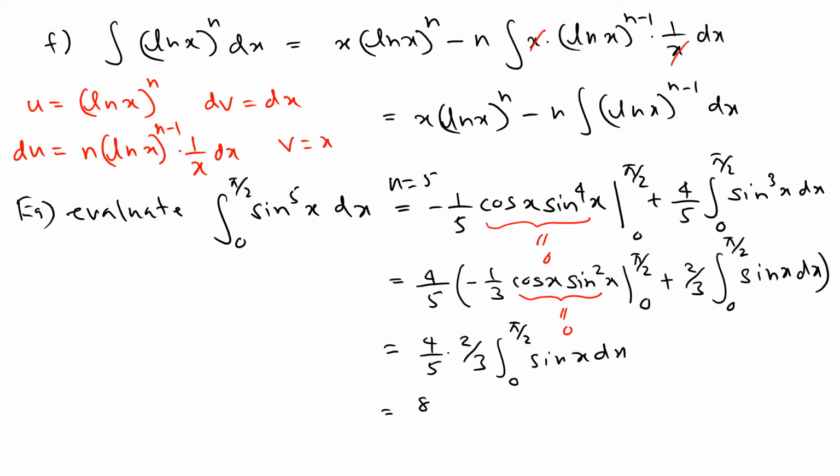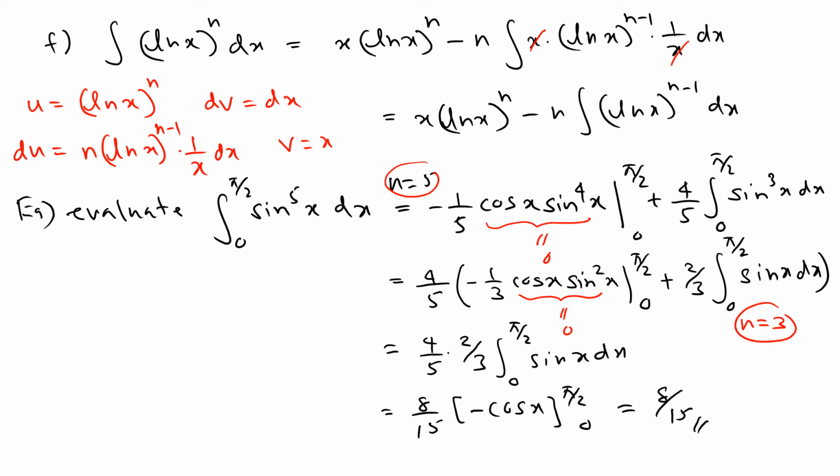So this is 8/15 times negative cosine x from pi over 2 to 0. Once you plug in the values, at pi over 2 it is 0, at 0 it is 1, and with the negative sign it is positive. So 8/15 is the final answer. What we did was use the reduction formula 2 times, one with n equal 5, the other with n equal 3.